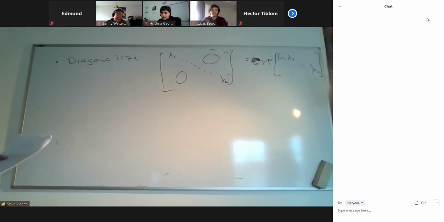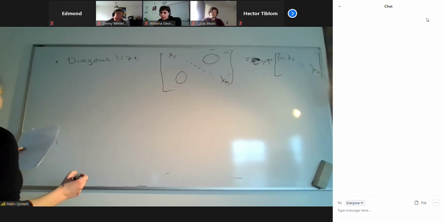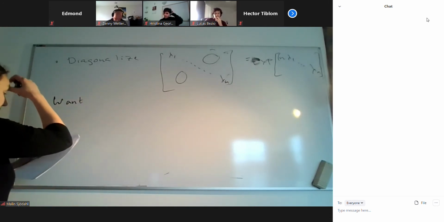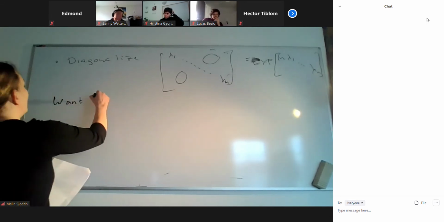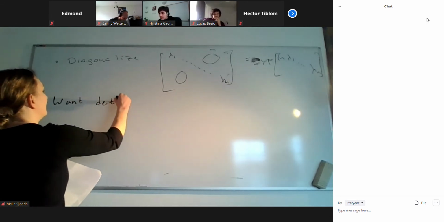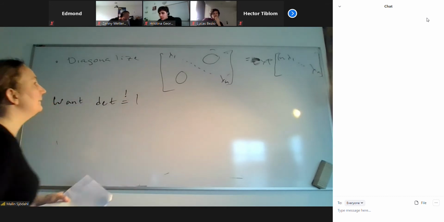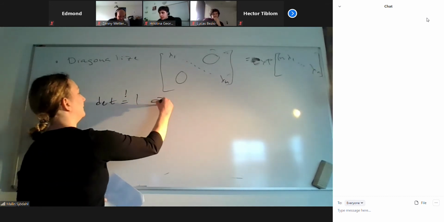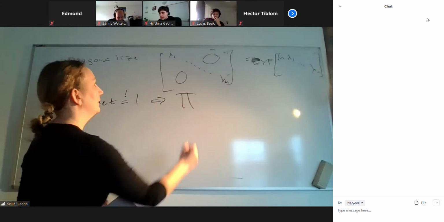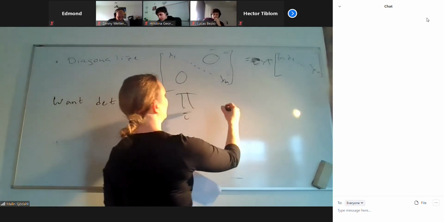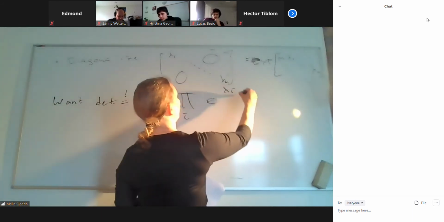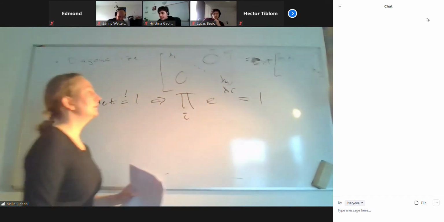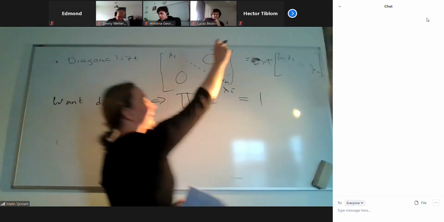And since we want the determinant to be equal to 1, this means that the product of all these e to lambda i must be equal to 1. Determinant is just the product of the diagonal elements.